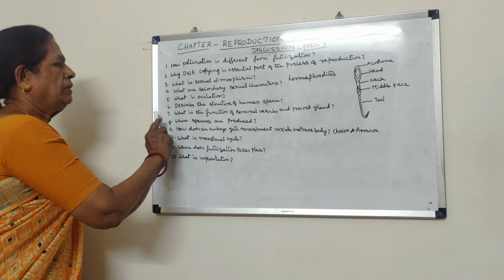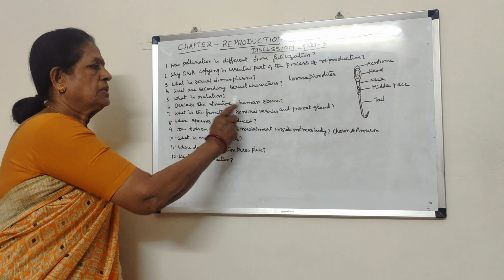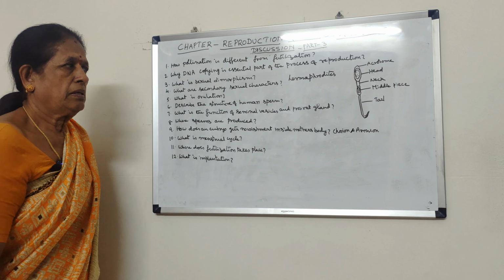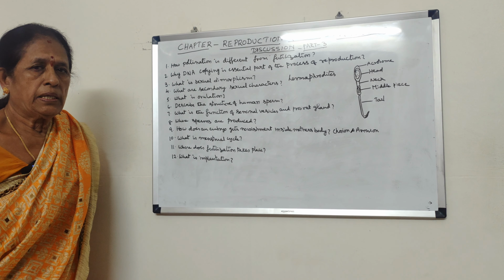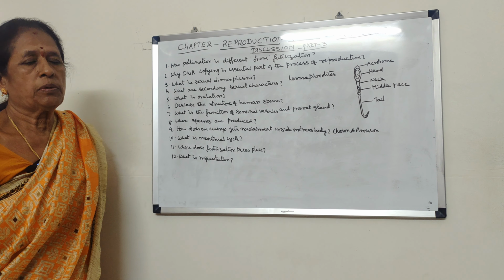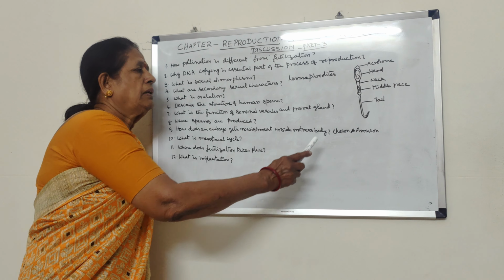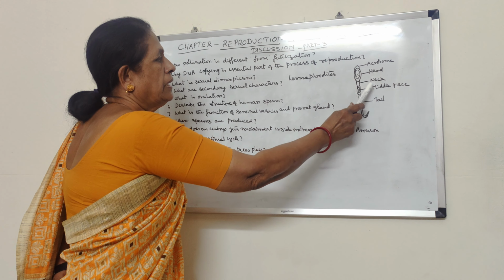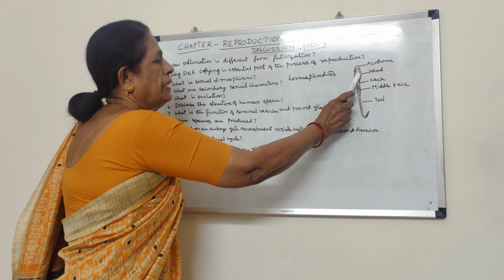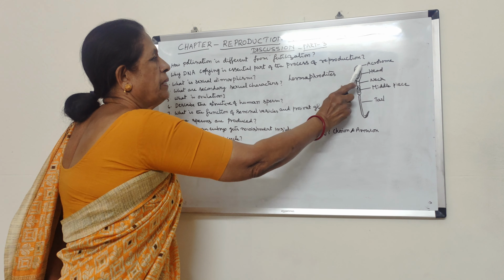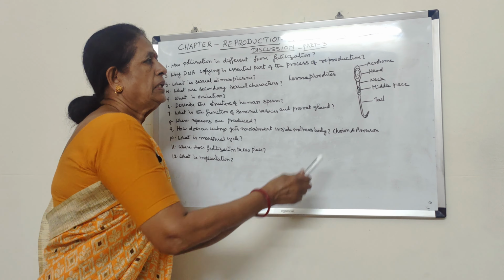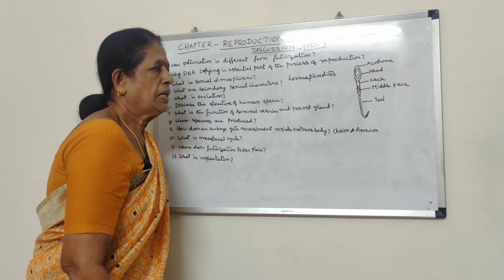Okay. And describe the structure of human sperm. Human sperm is a male reproductive gamete, and it is haploid in nature. It is motile. They are produced in large numbers, and the sperm contains mainly a head, neck, middle piece, and tail. On the anterior side of the head, a tapering structure is present, which is called the acrosome, and it helps in the process of fertilization.